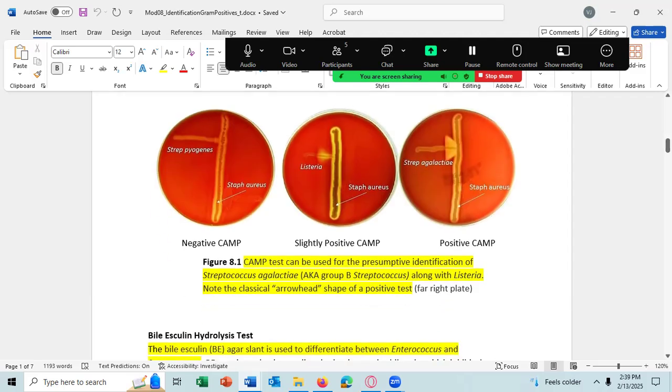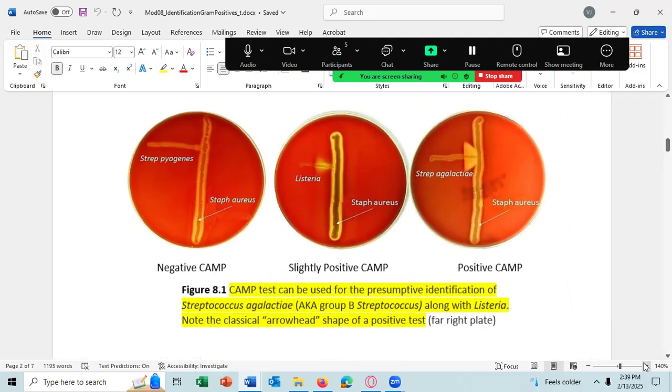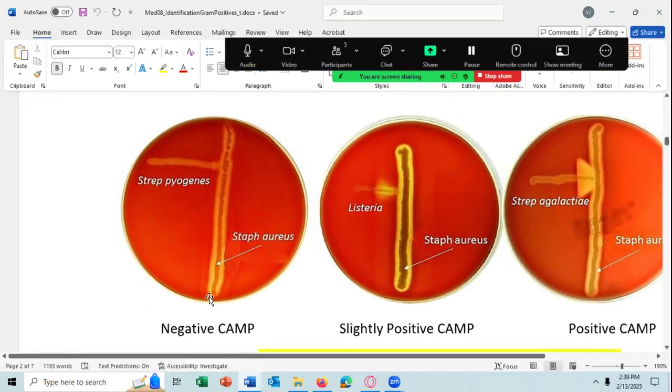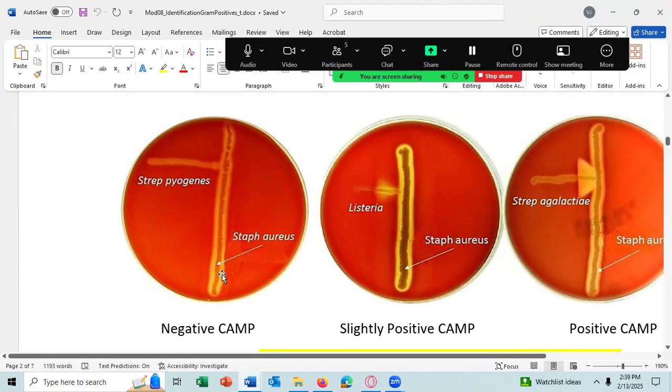Let me blow this up a little bit. Sorry, I've got something in my eye for some reason. So here you can see in the off-white color the Staphylococcus aureus streak, and then you can see beta hemolysis creating a clear zone of hemolysis around the Staphylococcus aureus. And then perpendicular to that, you streak the test organism.